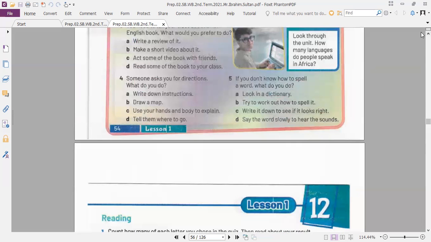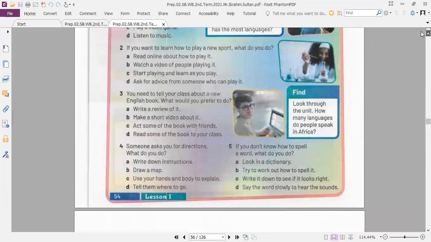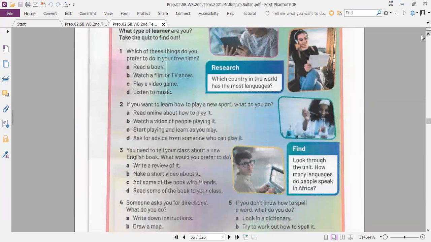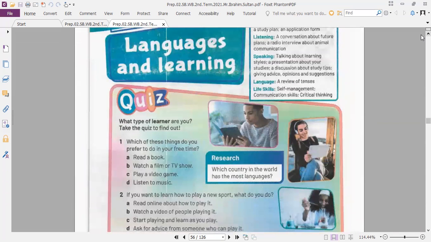Unit 12, languages and learning. We have page 54. Yes, we can start with page 54.